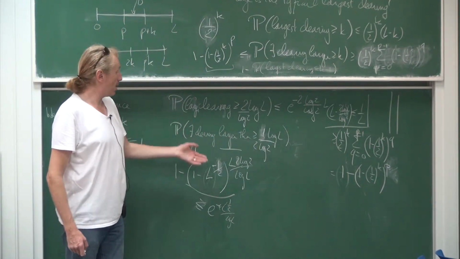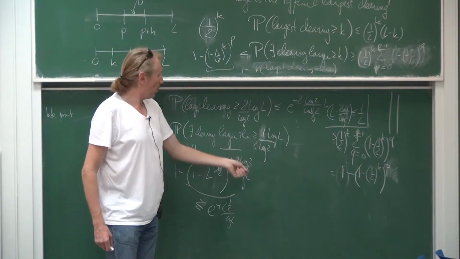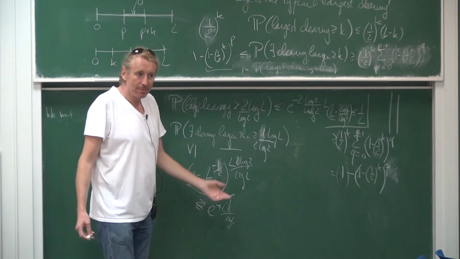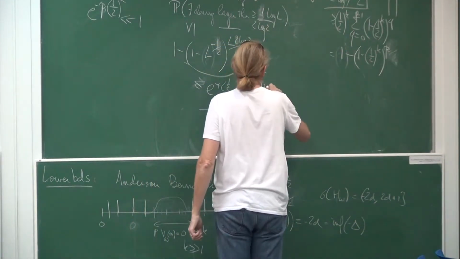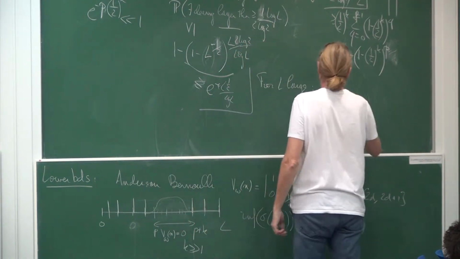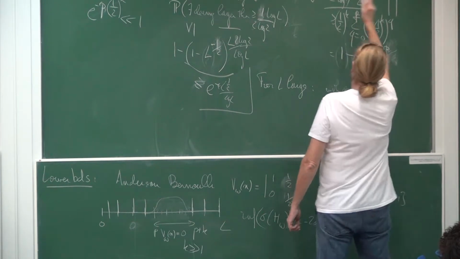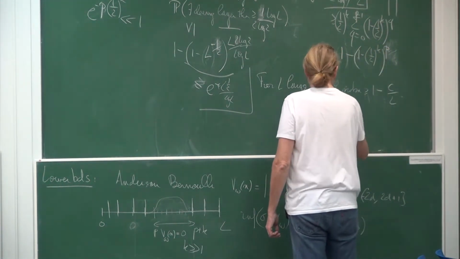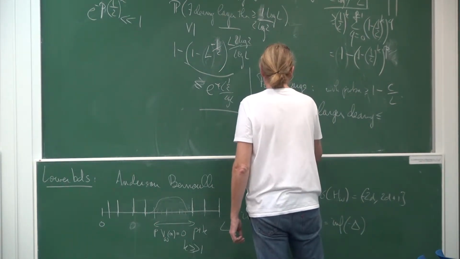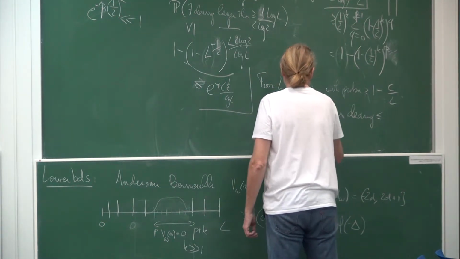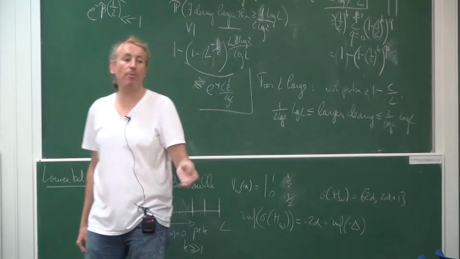So when L is large, the largest clearing is of size between 1 over 2 log 2 times log L and 2 over log 2 times log L. So it's of size log L. We have that for L large, with probability larger than 1 minus some constant divided by L, the largest clearing is of size contained between 1 over 2 log 2 times log L and 2 over log 2 times log L. Of course, you can get much more precise estimates, but that's not the point here.